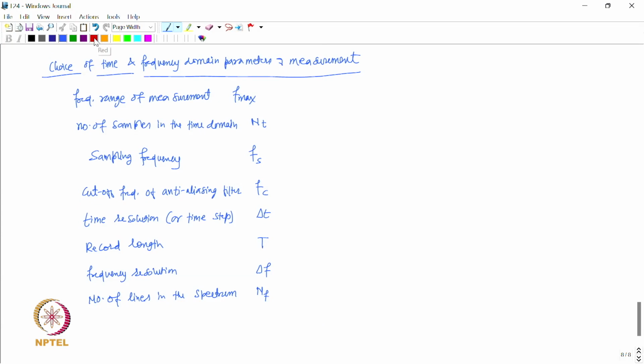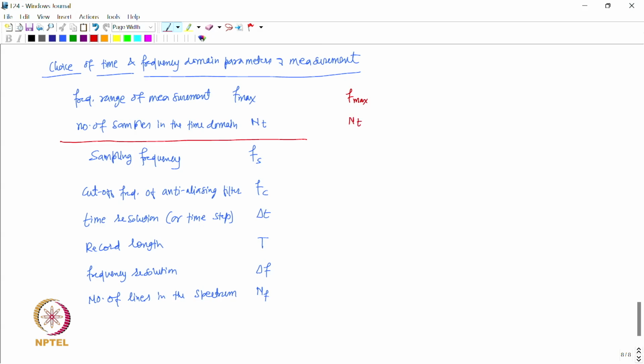That can be the second choice, and this NT is generally selected from a set of values expressed in powers of 2. So, we have selected Fmax, and we have selected NT.